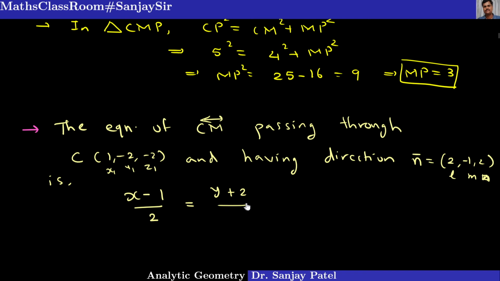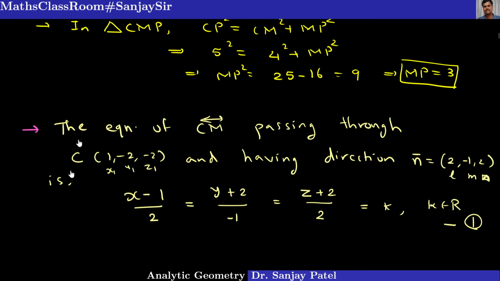So I can write (x minus 1) upon 2, (y plus 2) upon minus 1, this is M, then (z plus 2) upon N, that is 2, and is equal to, say, k, where k belongs to R. Let me call this equation number 1.